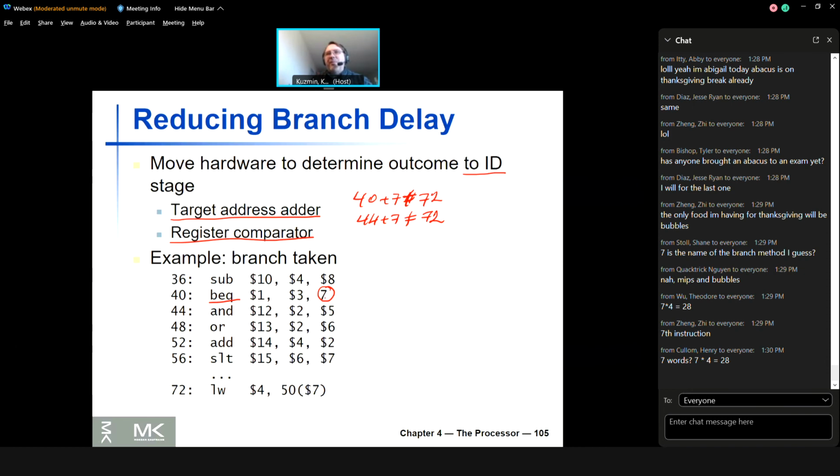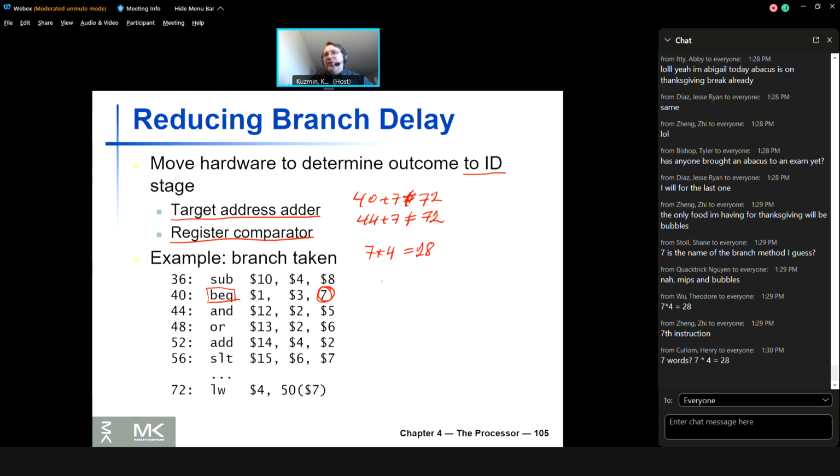Remember, in the actual BEQ instruction, this offset is saved as the number of words. And that's why when we decode it, we have to shift left by 2 positions. So we take this and shift left by 2, which means multiplying by 4, so it's 28.